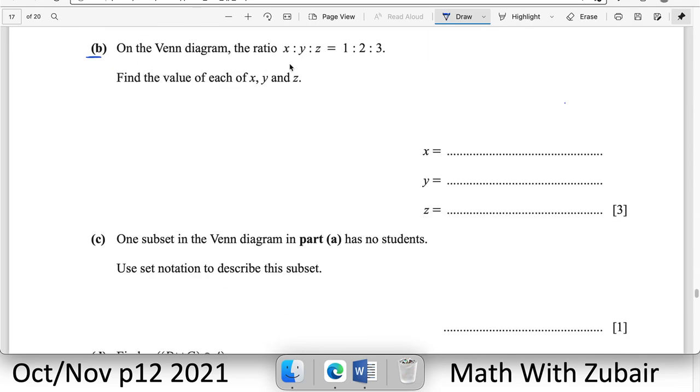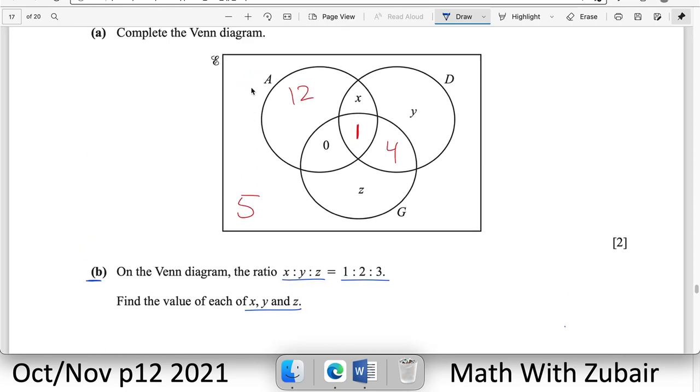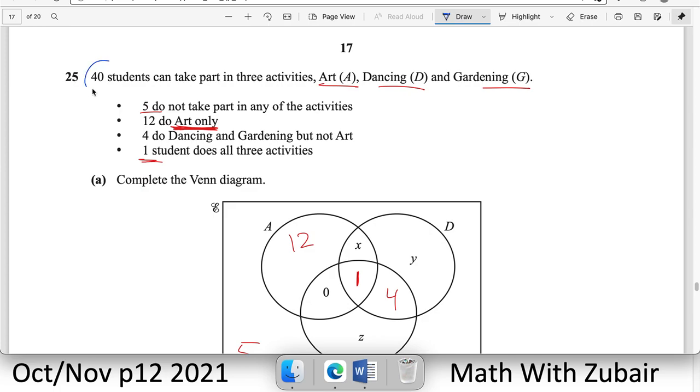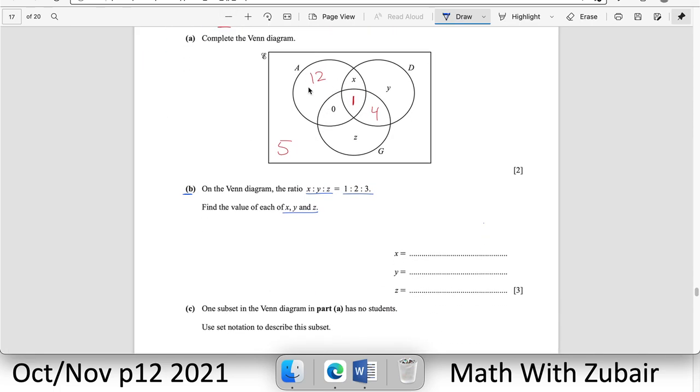B part, on the Venn diagram, the ratio x to y to z is 1 to 2 to 3. It says find the value of each x, y and z. We are only given this data that the total number of students is 40. So I'm going to add all of these. This is 12 plus x plus y, then plus 0 plus 1 plus 4, then z, then 5. Make sure no element is left behind, equals 40.